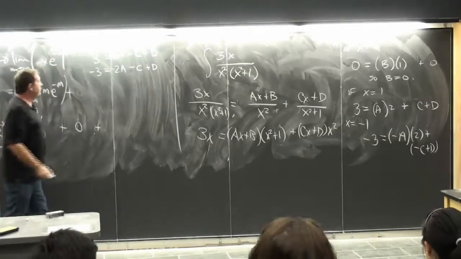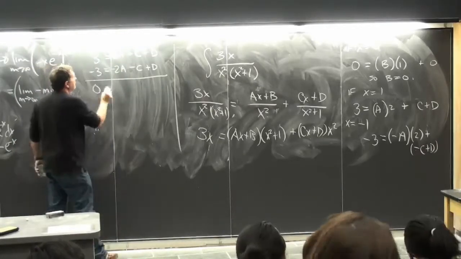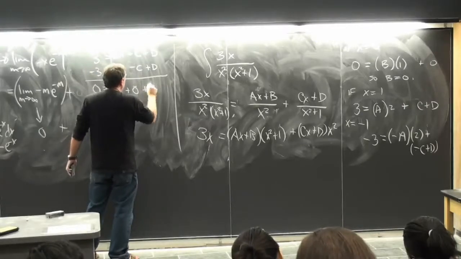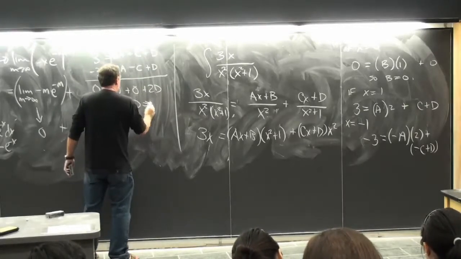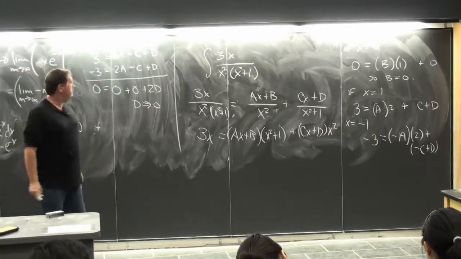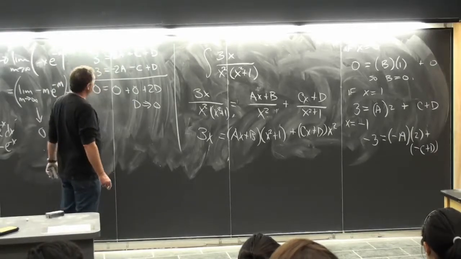If I add those two together, I get 0 equals 0 plus 0 plus 2d, so d is 0. So I don't need d either.